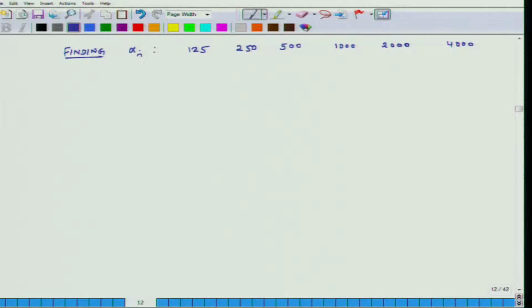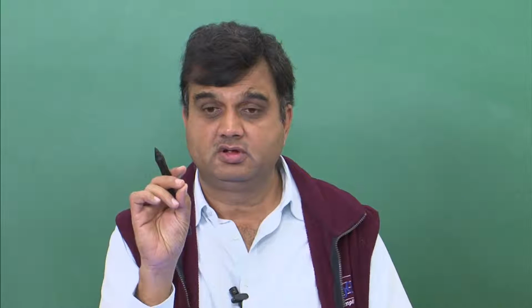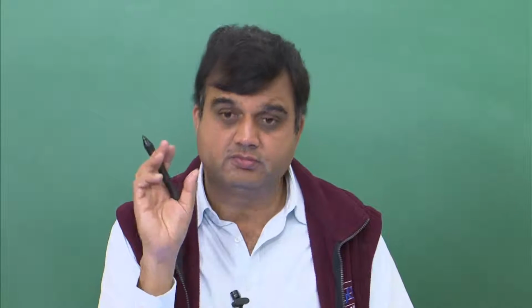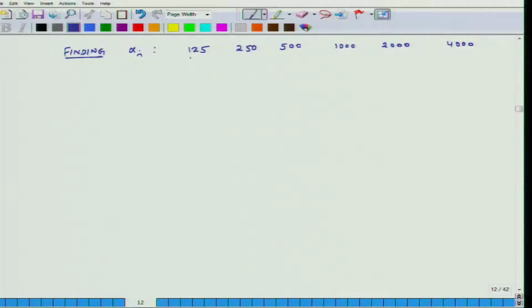At these different frequencies you try to figure out their values, and then for each frequency you have a different value of reverberation constant for the room. So your reverberation constant changes from frequency to frequency, and for each frequency you can find the value of alpha from some standard literature which is available in books or data sets and things like that.